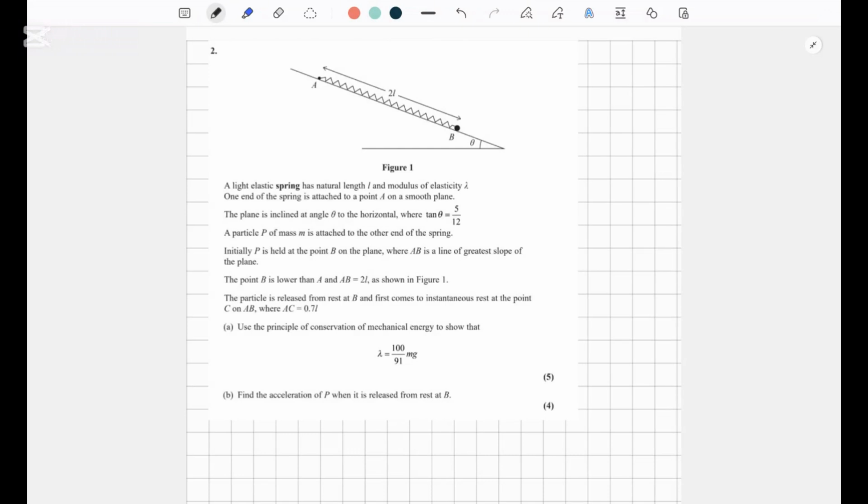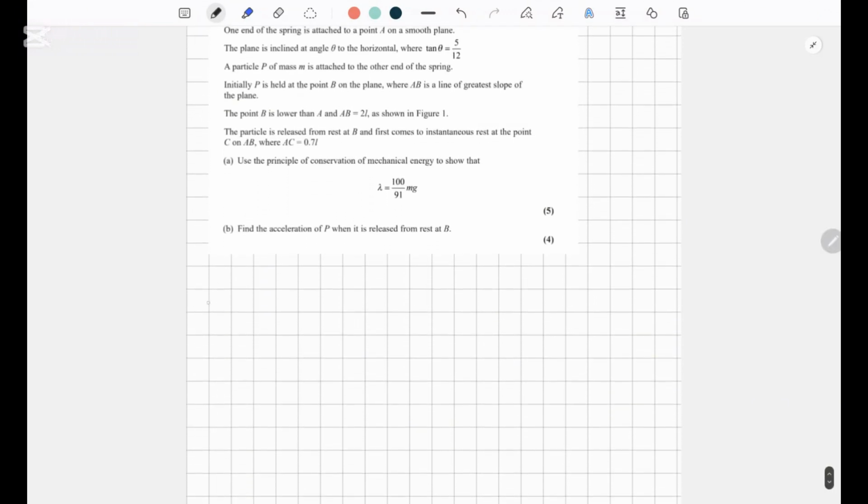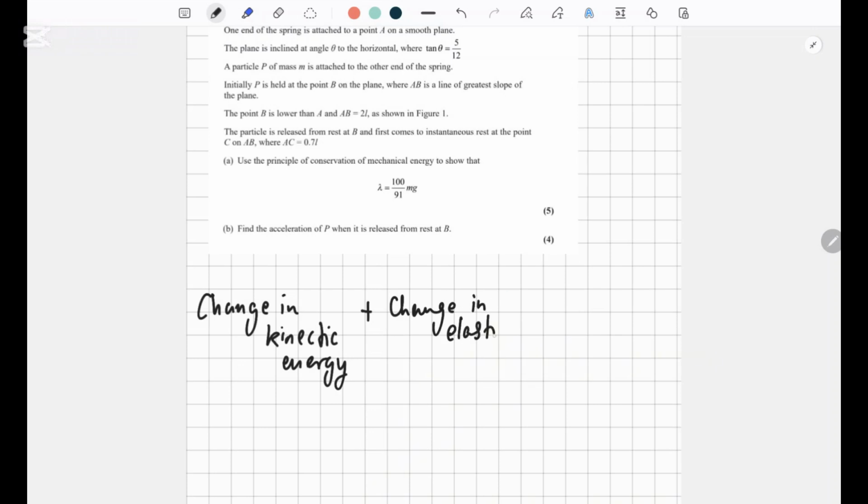So what you do is, it's released from rest and first comes to instantaneous rest. So it's going to be change in kinetic energy plus change in elastic potential energy, since we have an elastic spring, we have to consider that too.